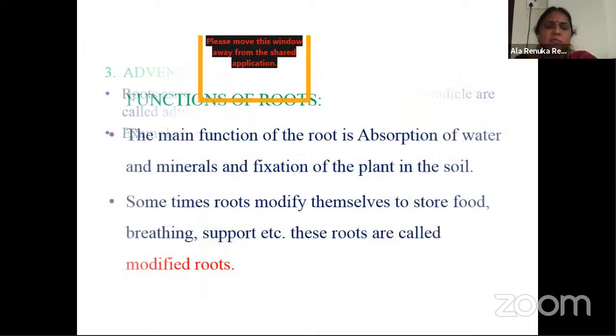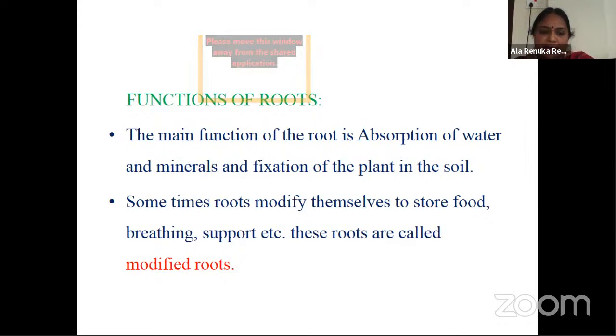And the functions of the roots. The main function of the root is absorption of water and fixation of the plant in the soil. Sometimes, as we discussed in banyan, they grow to support the heavy branches of the tree.